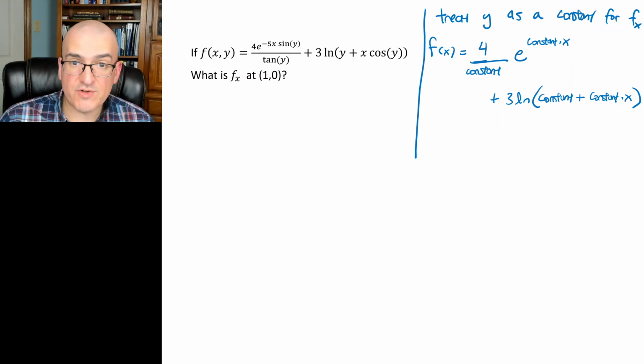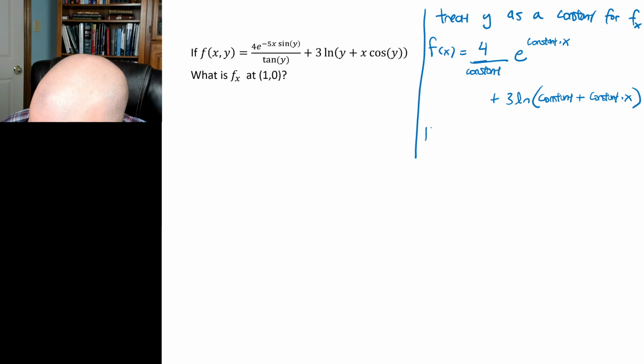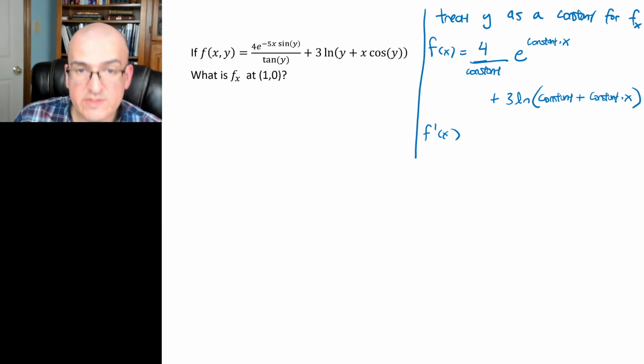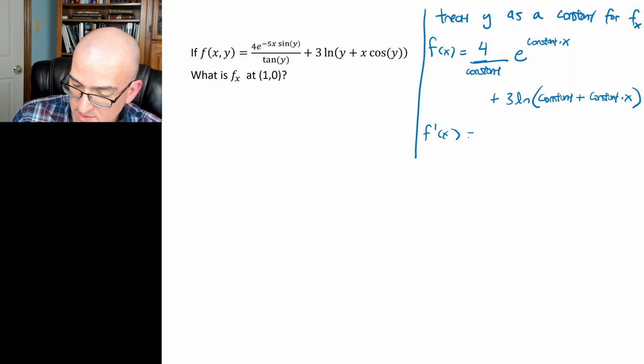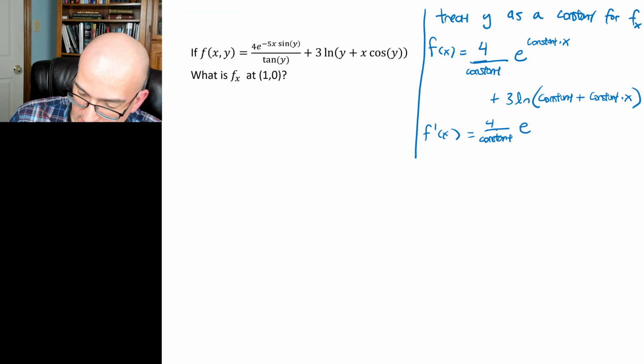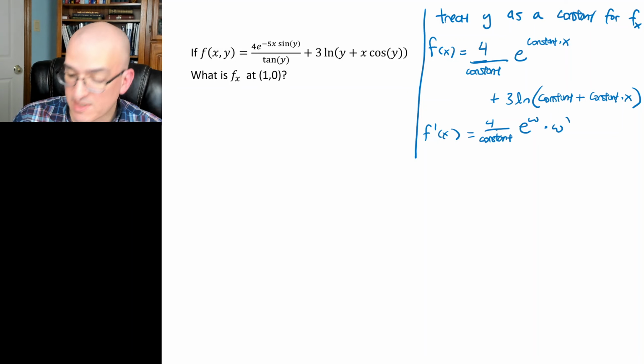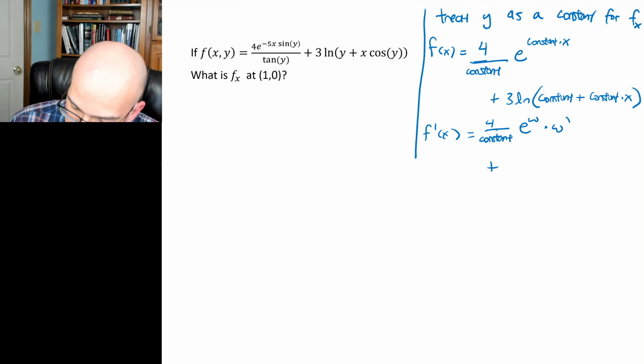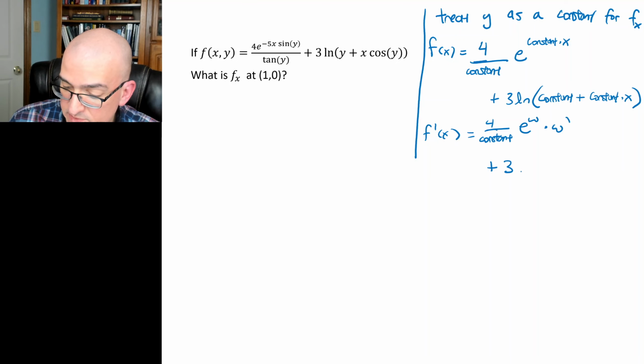Now how would we take the derivative of that? So the 4 over constant just stays, it doesn't participate. 4 over constant. And then we have e to the w times w prime for the derivative of e to the constant times x, plus 3 times the derivative of ln of u, which is u prime over u.